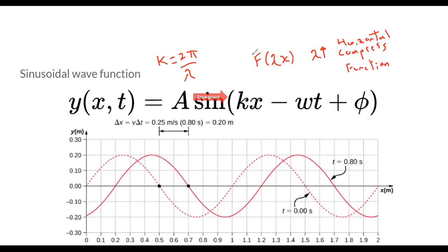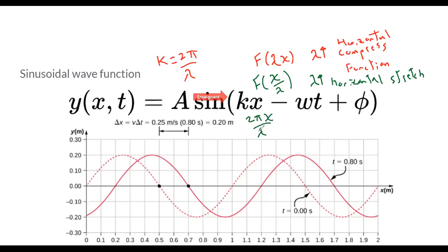And we know that a wave with a bigger wavelength is more stretched out. So what we're looking to describe is the fact that the wavelength does a horizontal stretch. As the wavelength gets bigger, we get a horizontal stretch. That's why the term kx is the same as 2 pi x over lambda.